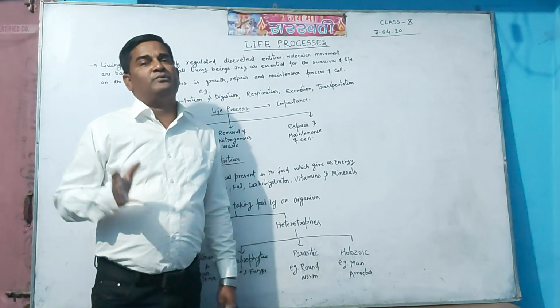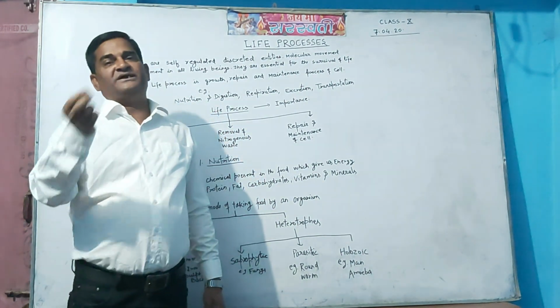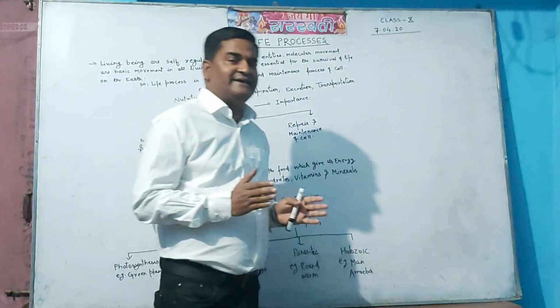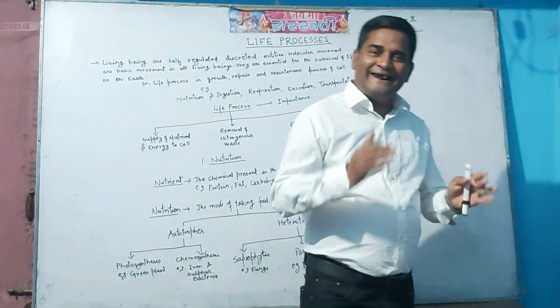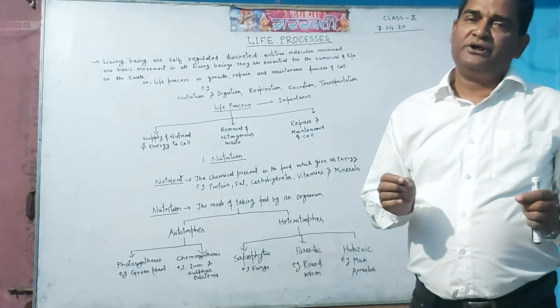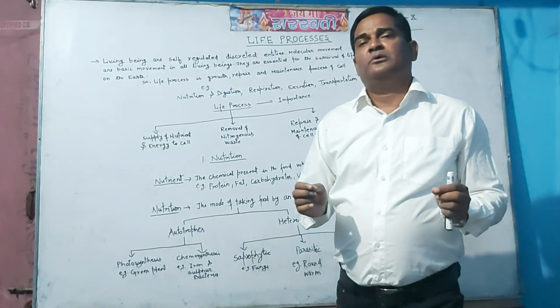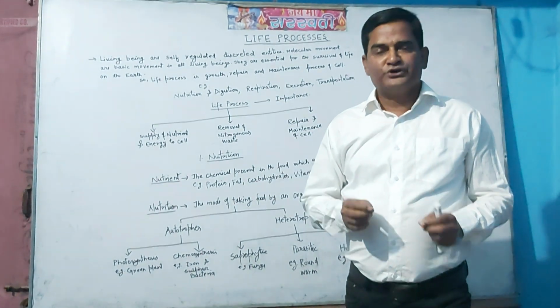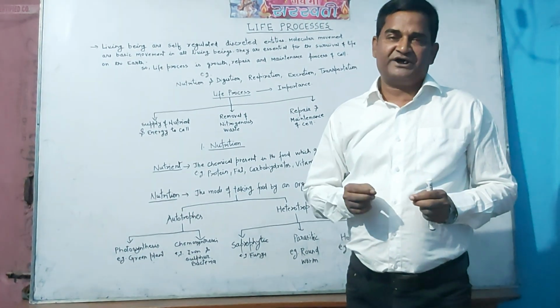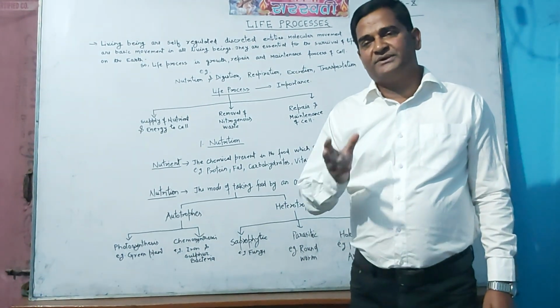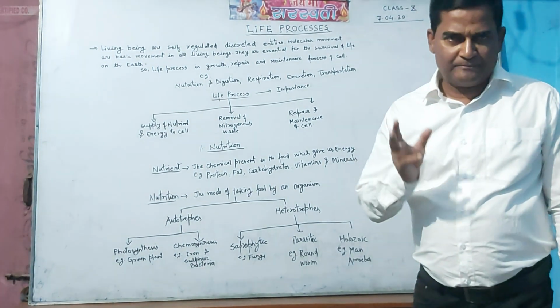Ingestion means intake of food. Whichever food we take inside the mouth is ingestion. Secondly is digestion. Digestion is the enzymatic hydrolysis of larger food molecules into smaller food molecules in soluble form for further use. Third is absorption, which occurs in the small intestine, where the specialized structures are the villi.